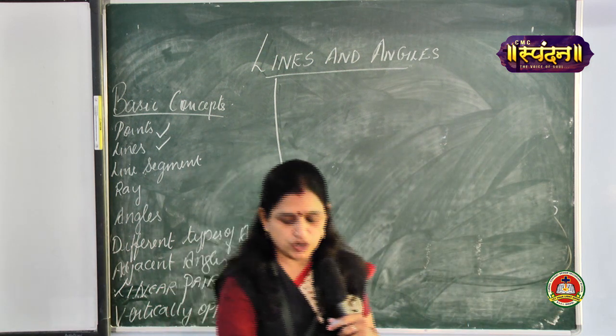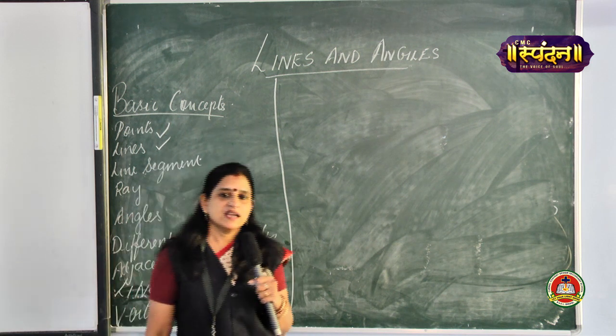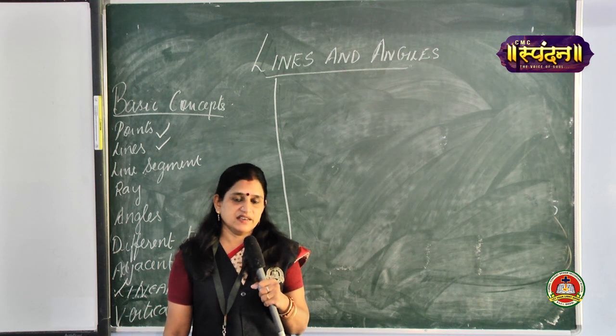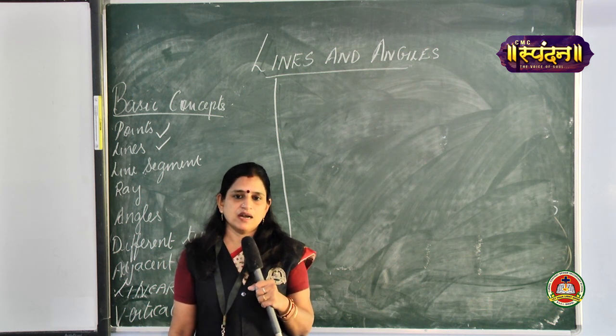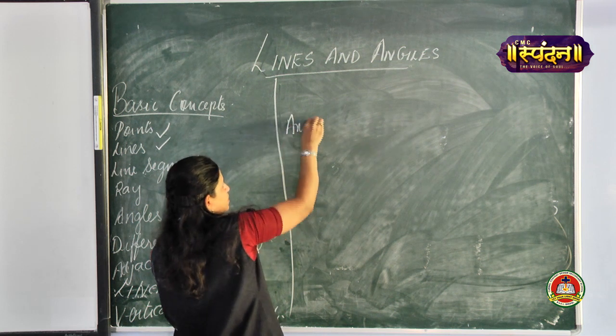So let me show now how we are going to prove the sum of two angles in a linear pair is equal to 180 degree. That is the axiom number 1 of your book. So axiom number 1. What is axiom number 1?